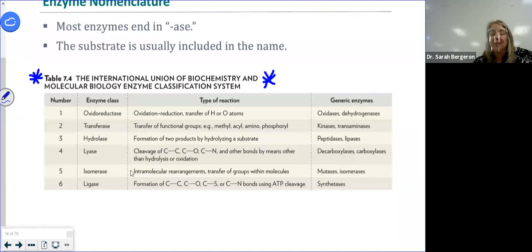A ligase, if you're going to ligate DNA, what are you doing in DNA? We talked about this when we were making plasmids. Restriction nucleases cut it, ligases seal it back together, right? So it's a similar thing. You're actually going to form a new bond instead of break a bond, right? And they usually do it with ATP, so they call those synthases. But isomerases, right?